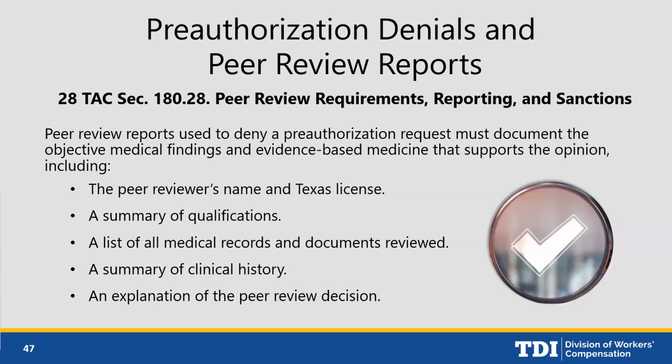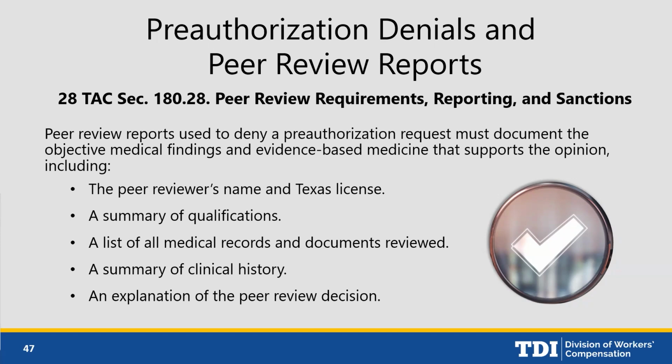Just a note on when an insurance company, a URA, uses a peer review report to make that adverse determination. So maybe they're citing the source and they're citing a peer review report. This is covered under Texas Administrative Code 180.28, peer review requirements, reporting, and sanctions.